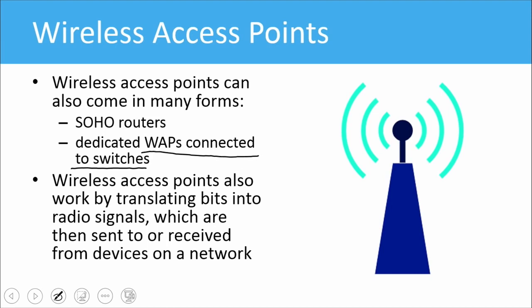They might be hiding in a ceiling somewhere above you right now, depending on where you're watching this video. But wireless access points simply do that same thing. They translate bits into radio signals, and then they send or receive them, and they do a good job of receiving them and then translating them into the electrical signals that are required to transmit data to a switch or to a router.